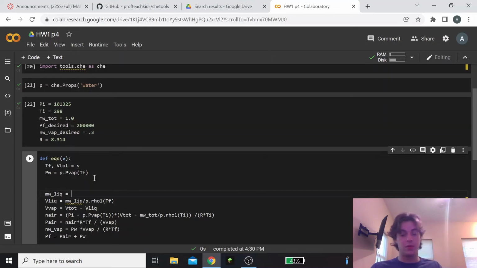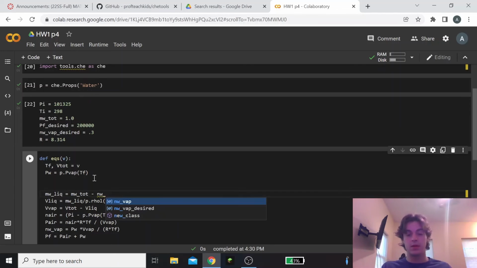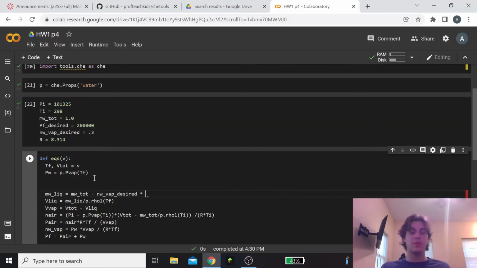This will be equal to the total mass of water minus the mass of the water vapor, which we can find using our desired moles of water vapor times the molecular weight of water, which is 18 times 10 to the negative 3 kilograms per mole.